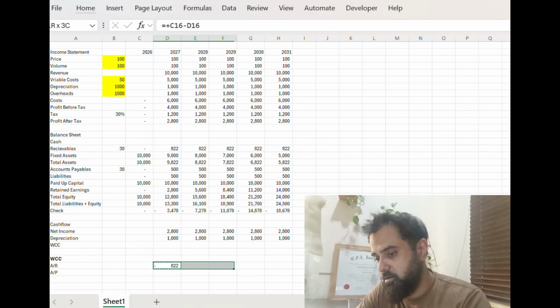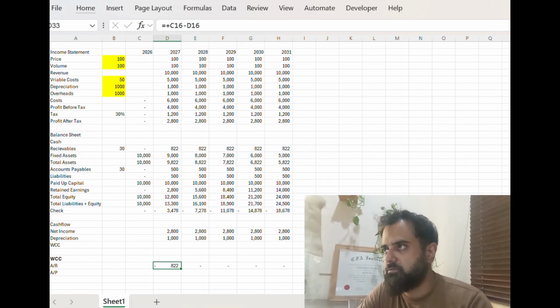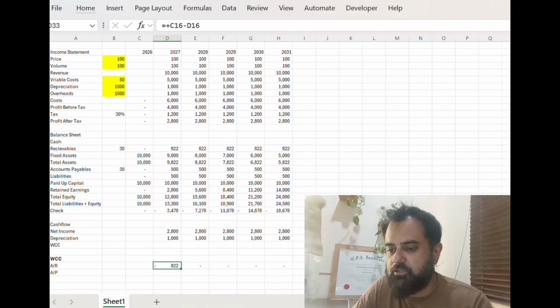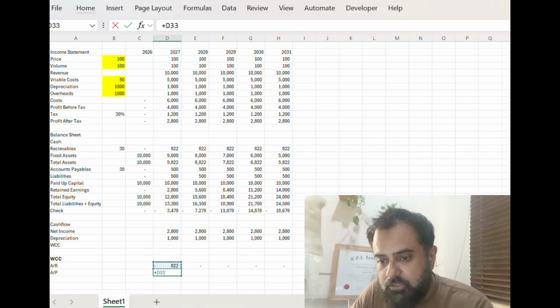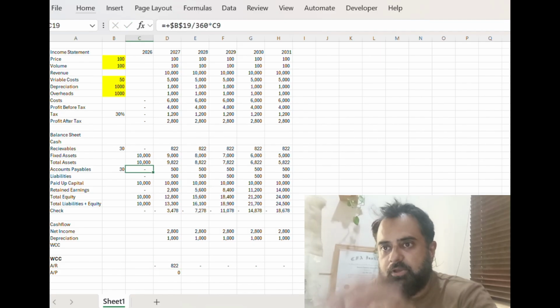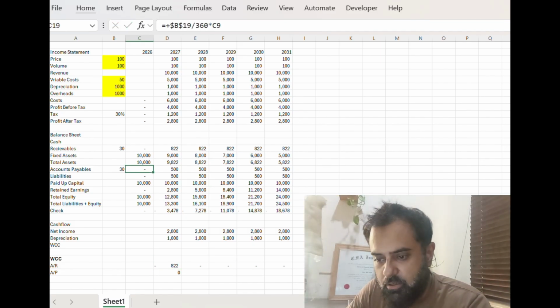So this is important, otherwise our balance sheet will be thrown off. And the payables are always the current year's balance subtracted from the previous year's balance. All right.